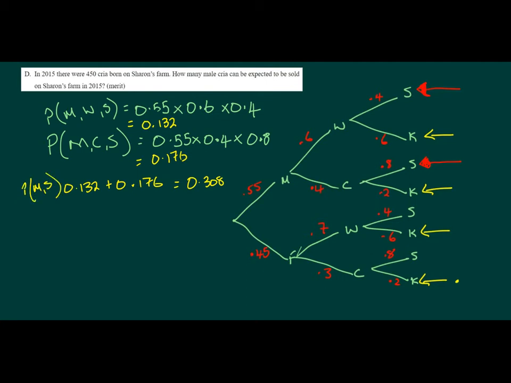Okay. Then what do we do with that? Well, this is expected value, as you can see in the question here. So we're going to have to multiply this probability here by a quantity, and here's the quantity here.